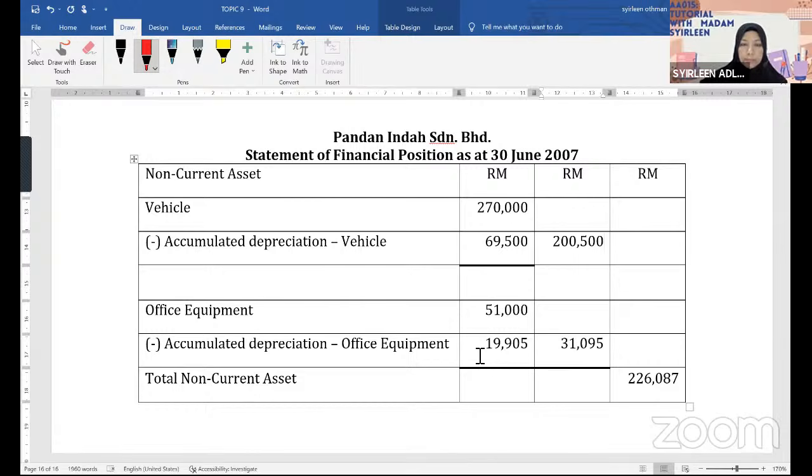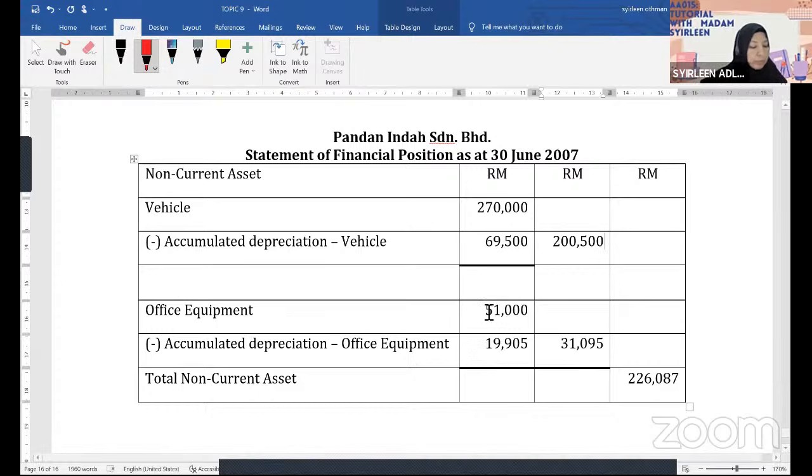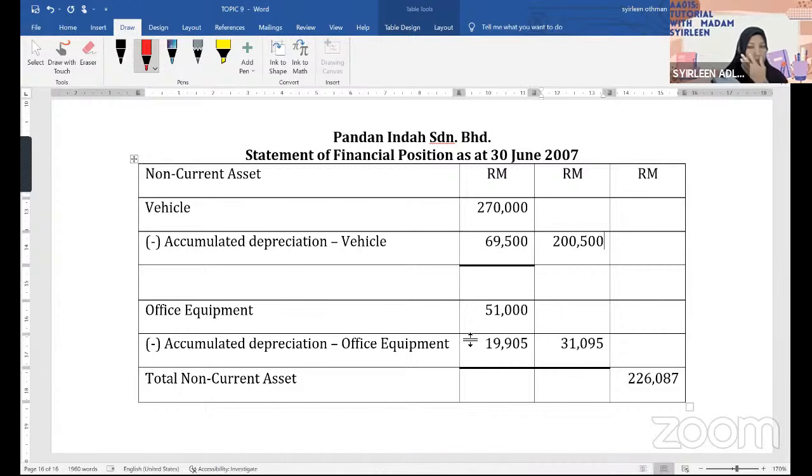So asset of office equipment kamu tinggal 51,000 sahaja. So the accumulated depreciation for the office equipment based on your journal just now, ledger just now is 19,905. Okay, so that gives you the amount of 31,095 ringgit.